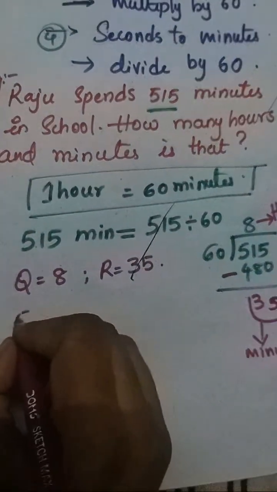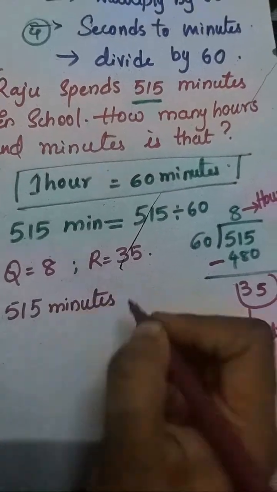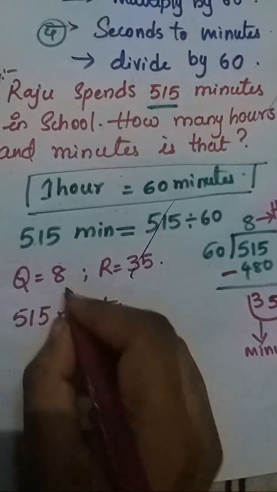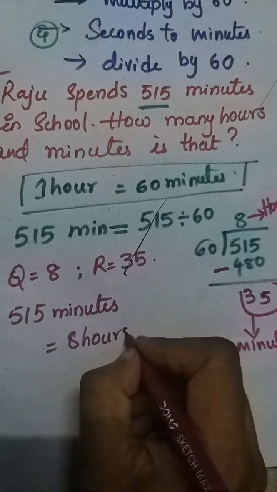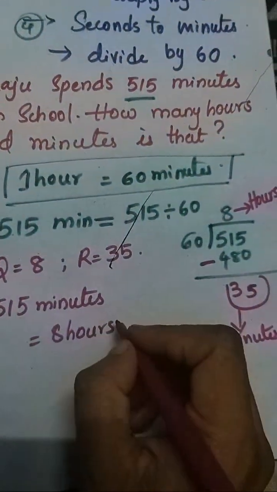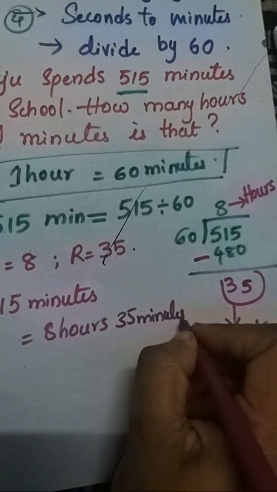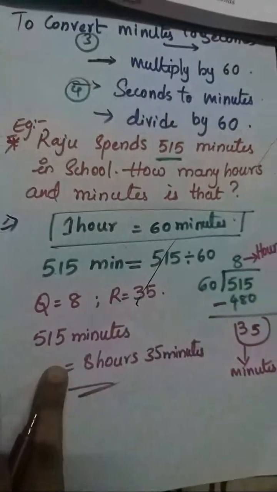So 5:15 is equal to how many? We have to convert this into 8 hours and 35 minutes. I have completed this answer.